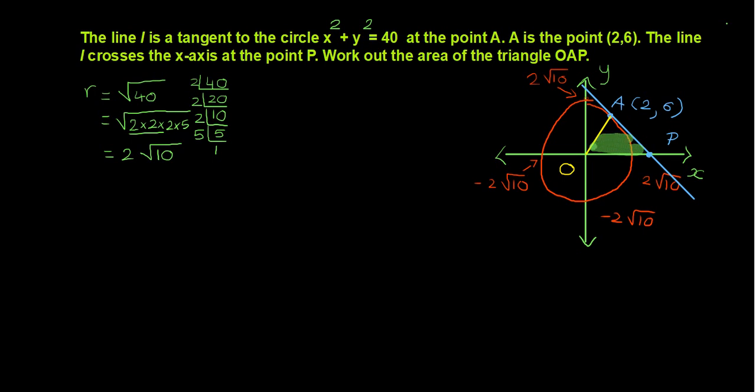When you have a question like this, you have to have a strategy. The area of a triangle is base times height divided by 2. So I need a base, which would be that length, and the height, which would be that length, and then I divide by 2. The coordinates of the origin are (0, 0).